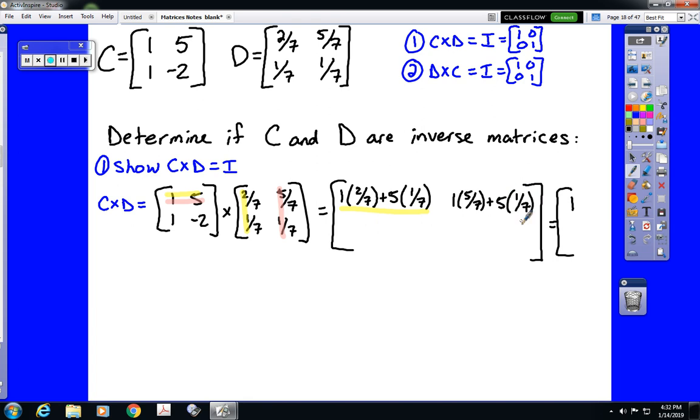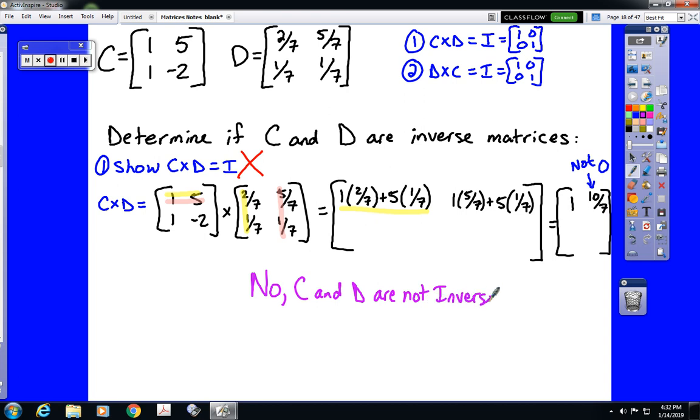Well, that has to equal 0, but that's 5 sevenths plus 5 sevenths, which would be 10 sevenths. So right there we can stop. The second that this is not a 0, we are done with this problem. Because right there we have had a problem. C times D does not equal I, which means no. C and D are not inverse matrices.